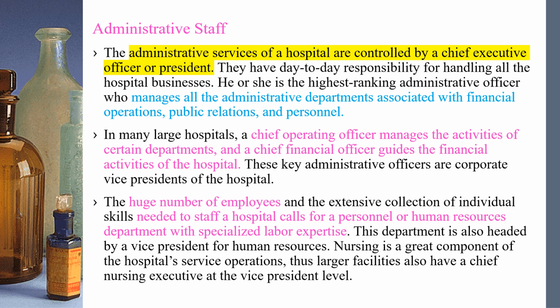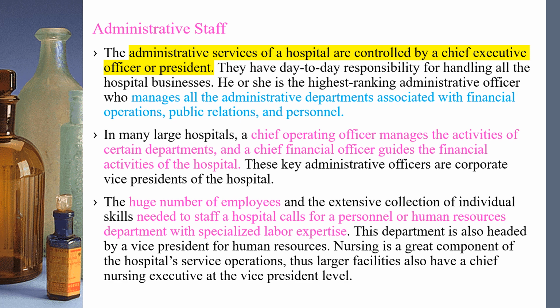Now what is the responsibility of that? Basically handling all the hospital business. So they will manage all the department work like finance, operations, public relations, personnel, everything will be looked after by the administrative staff. Now, in many large hospitals, a chief operating officer manages all those activities.